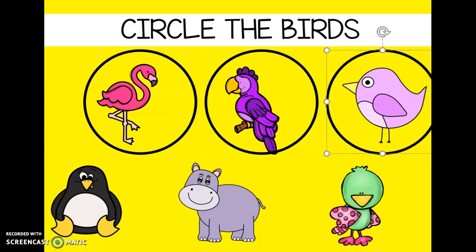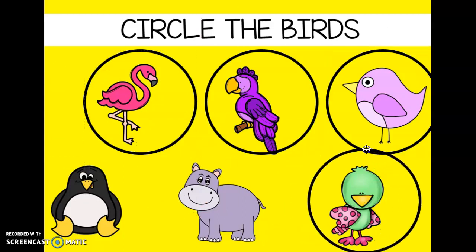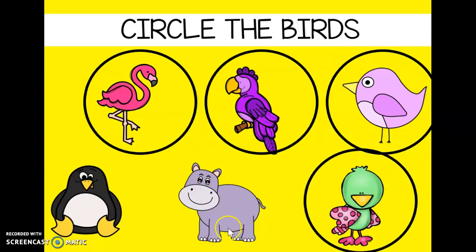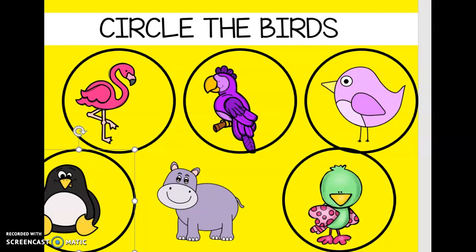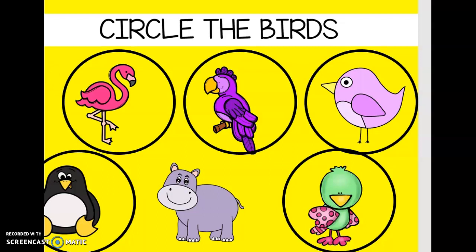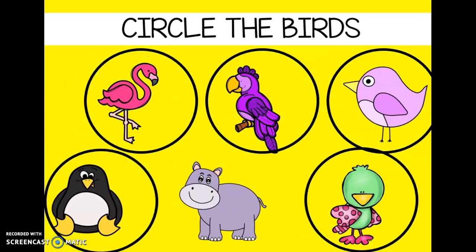And we have another bird here, and that's also a bird. A hippo, I think it could be a hippo or a rhino. That would be a mammal. And a penguin. Yes, and a penguin is also a bird, but it just doesn't fly. Okay, but it's still classified as a bird.